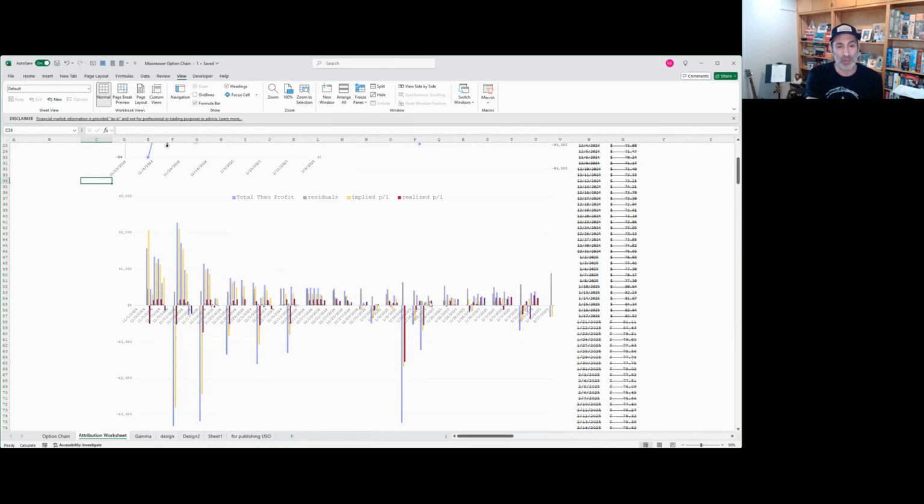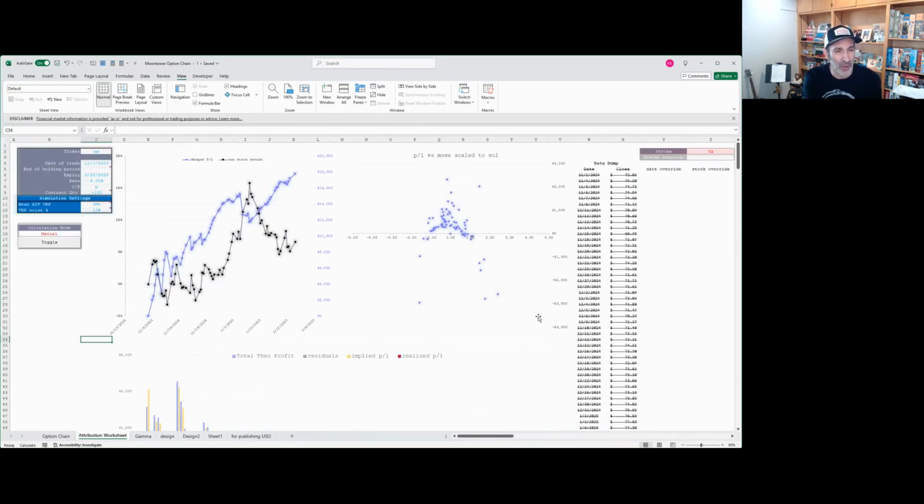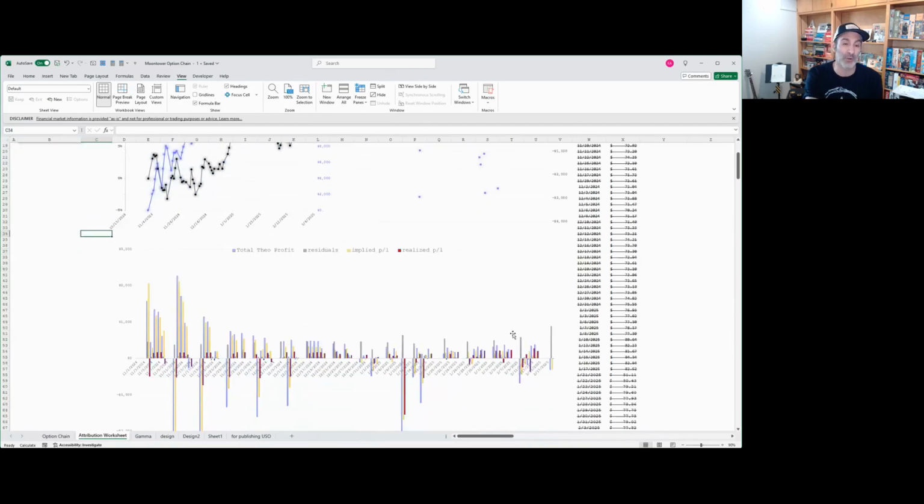And as you get closer to expiry, the impact of the implied vol P&L starts to decline. This can also happen if you're getting far away from the strike, but that would be true for all the Greeks. So the more important principle here is that your implied vol P&L becomes less important as a contributor to your P&L versus your realized vol P&L.